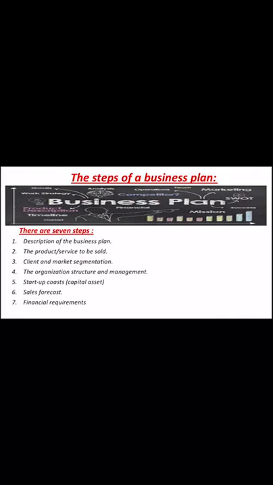Yes, requirements are the things you need. Okay? So the financial requirements, it means everything related to the budget and the money and how much money you're going to need to buy this and that and so on. Okay? So these are the steps of writing an effective business plan. 7 steps. Okay, so I hope you understood them.